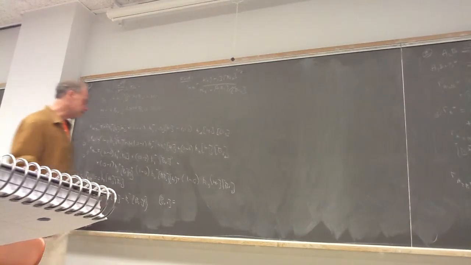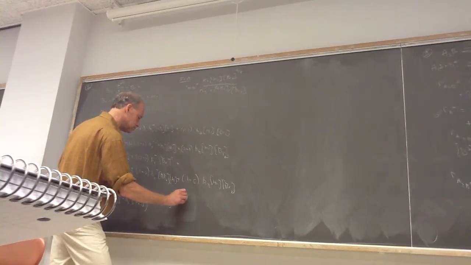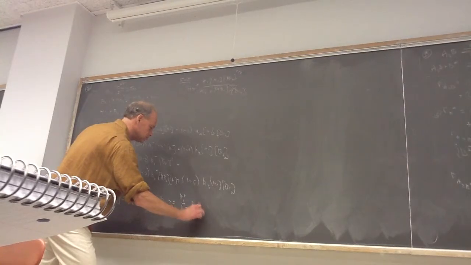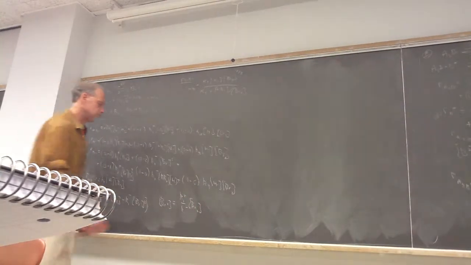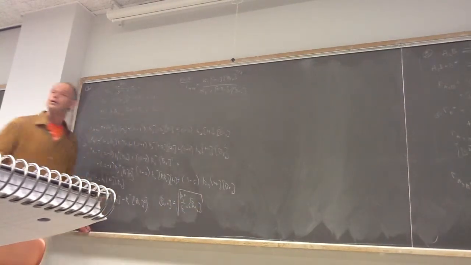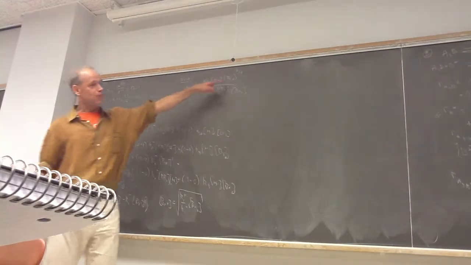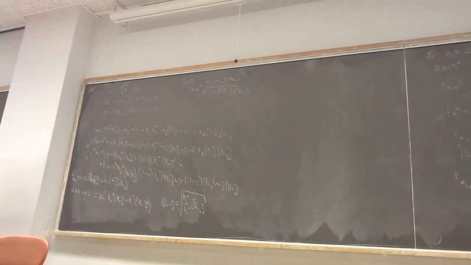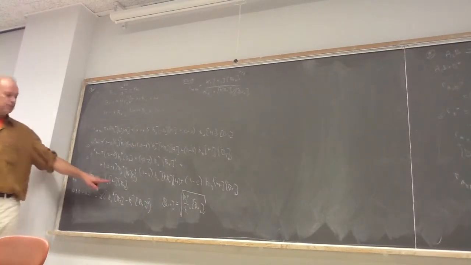The Br2's cancel. And let's compare these two forms. First, let's look at the dependence. I lost an H2 somewhere. Where did I lose my H2? It's an H dot, so I need the H2.